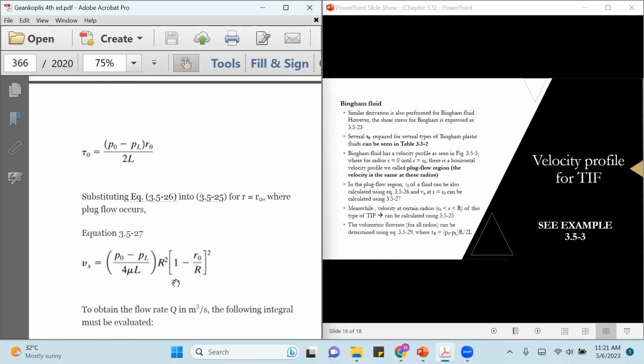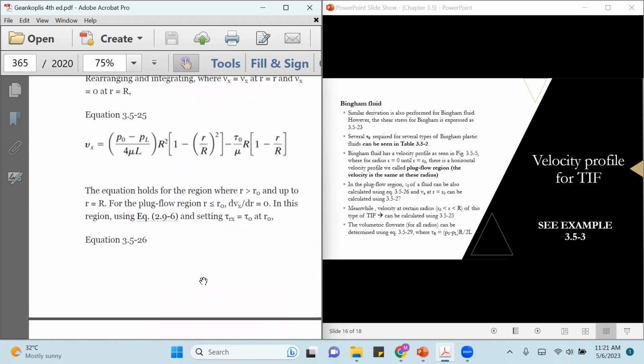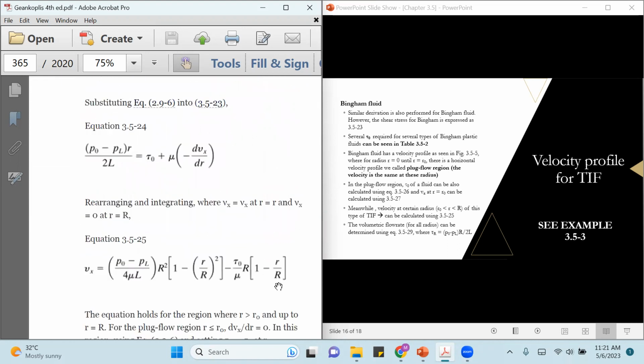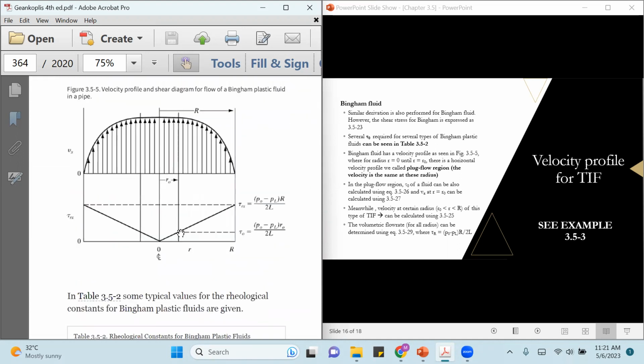Meanwhile, for velocity outside the plug flow region, then you have to use this equation. So if I go up again, velocity in this region uses equation 27. Plug flow, velocity in this region uses equation 25.